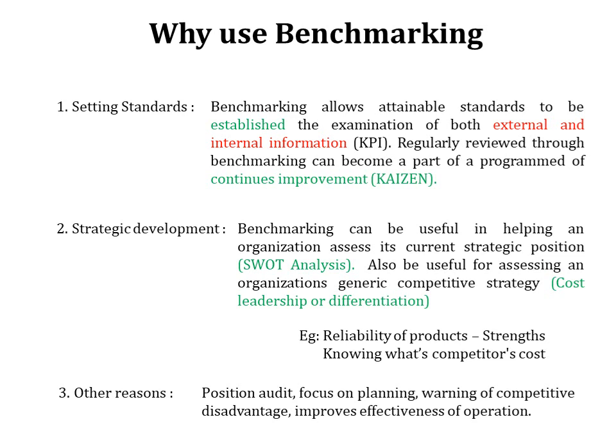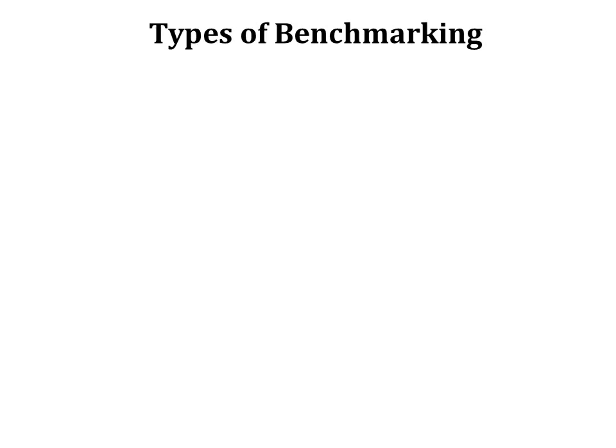It also identifies the processes to improve, and it improves the effectiveness of operations. So these are the reasons why we use benchmarking: setting standards, strategic development, and the other standards.